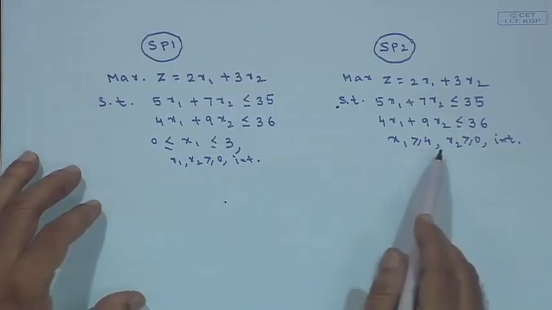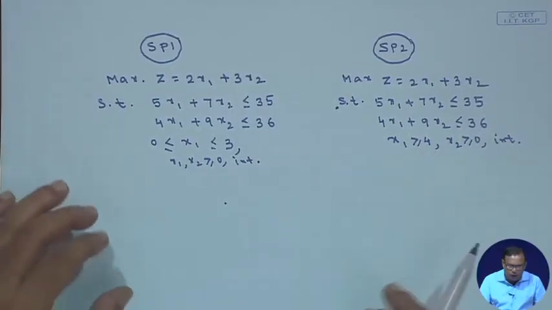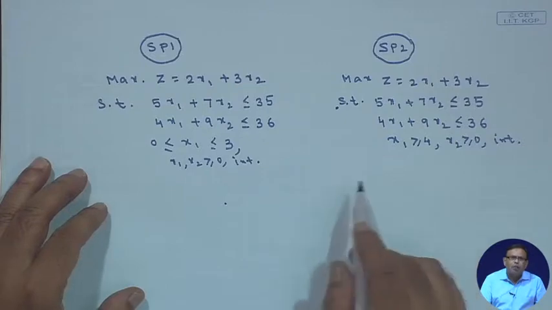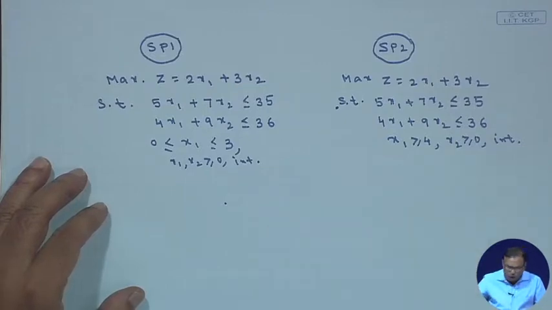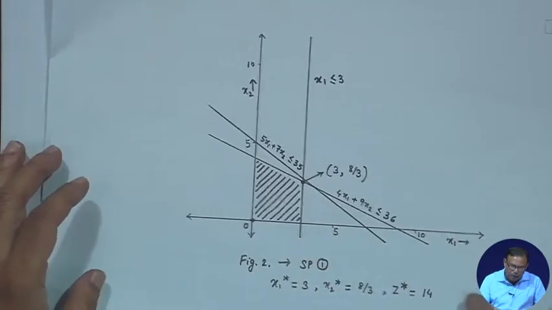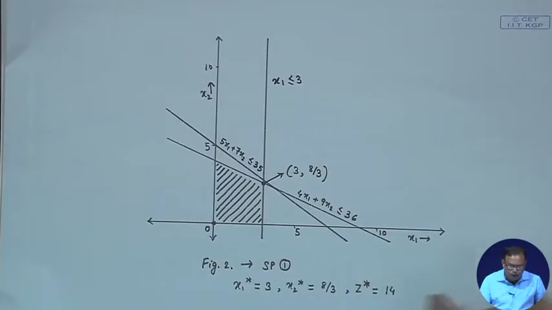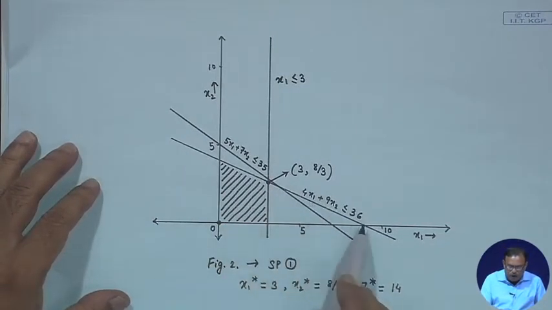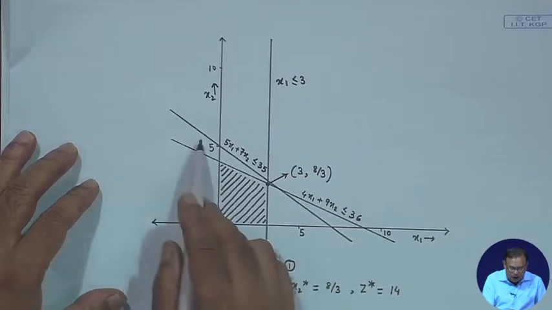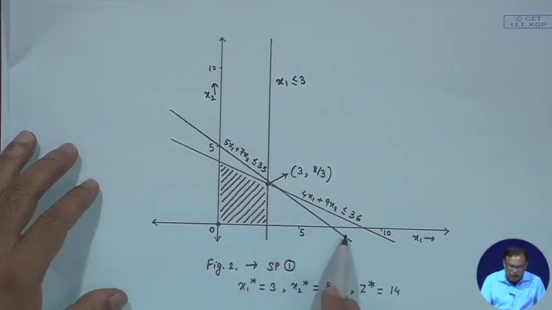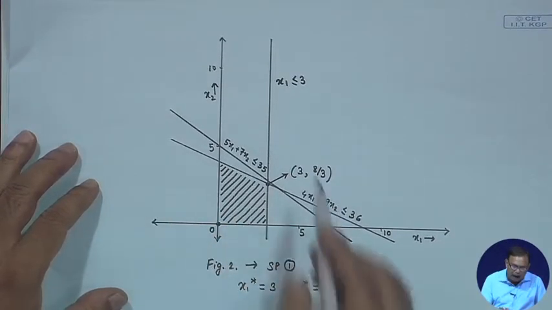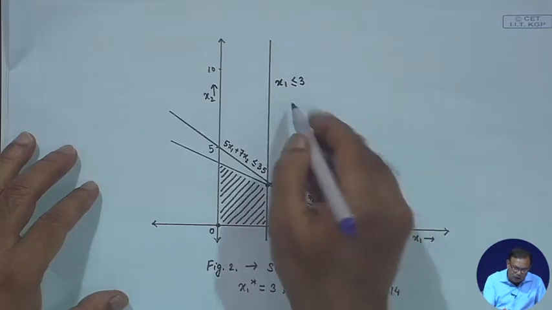Now, these two subproblems can again be solved by the graphical method. Purposefully we have chosen it. For the first subproblem, your problem will be like this. One line is 4x1 plus 9x2 equals 36, another line is 5x1 plus 7x2 equals 35, and x1 less than or equal to 3.